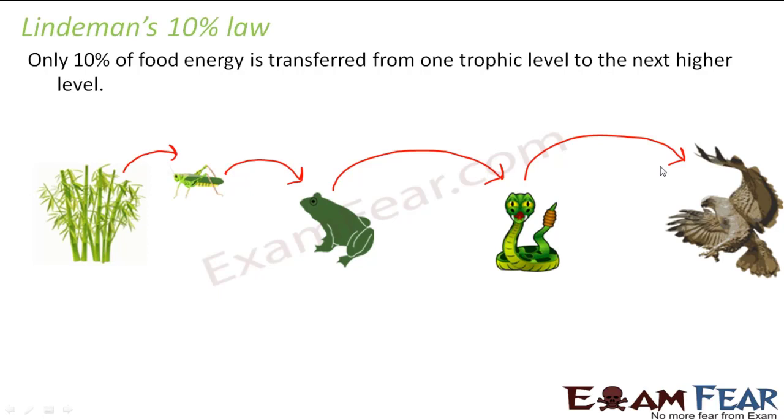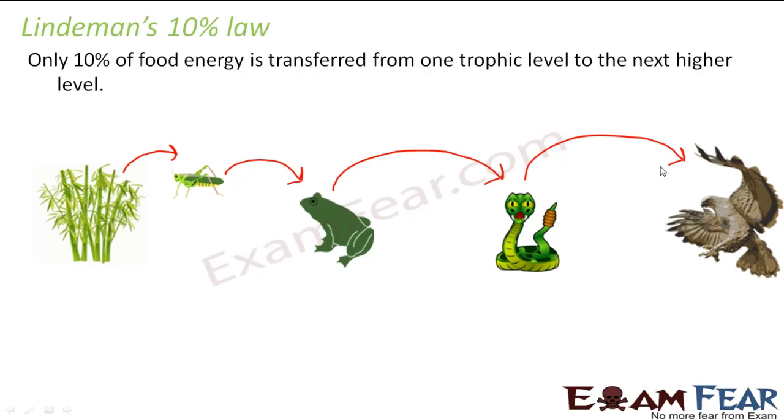Now you might say, whenever you talk about higher organisms, for example, a grasshopper, maybe it will feed on a small amount of plants. Now when I talk of a frog, maybe the frog will feed on some 5 to 6 grasshoppers at a time, because the amount of energy which it will get from each grasshopper is not going to be enough for it. So it will consume some 5 to 6 grasshoppers.